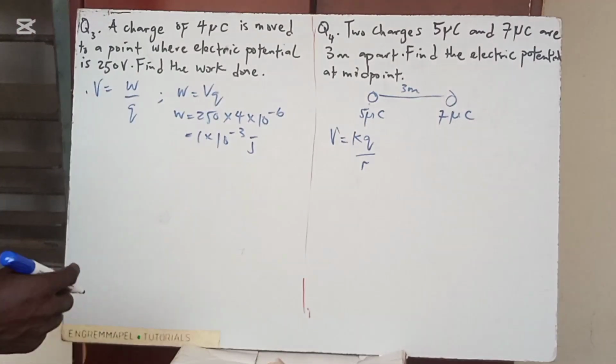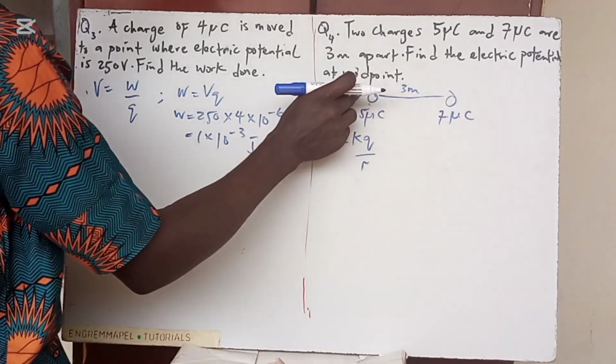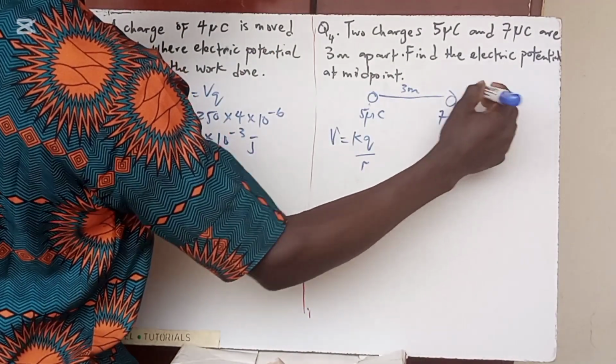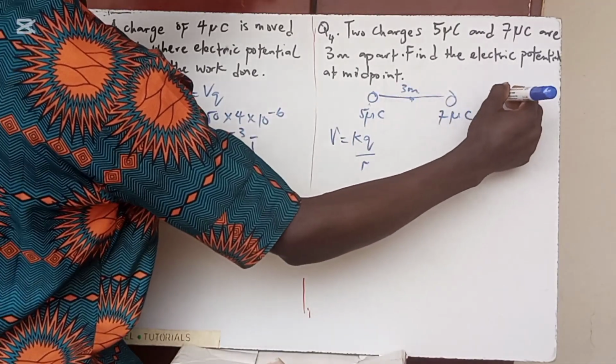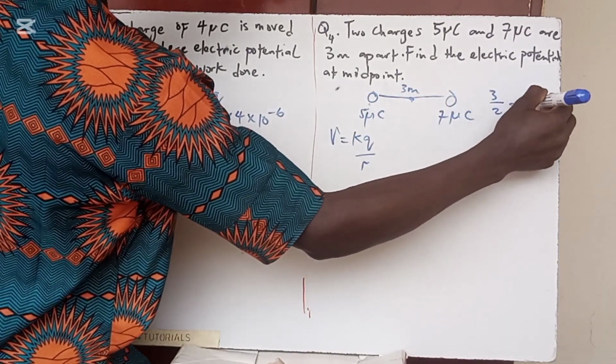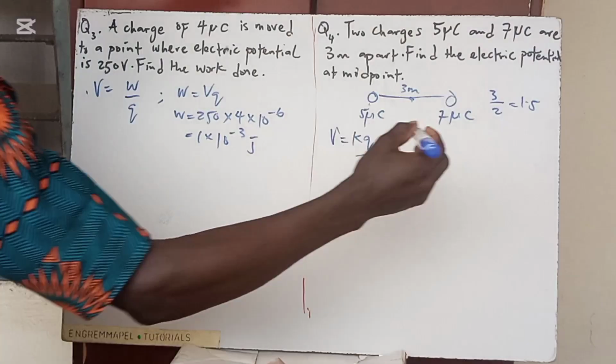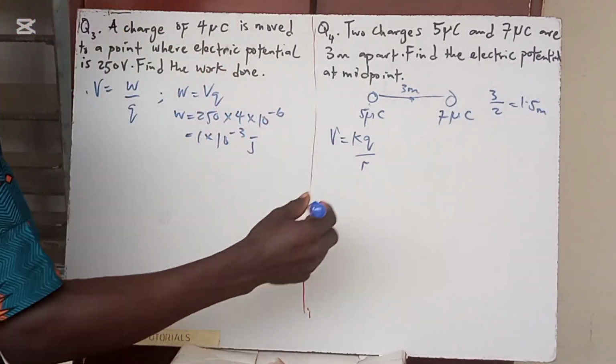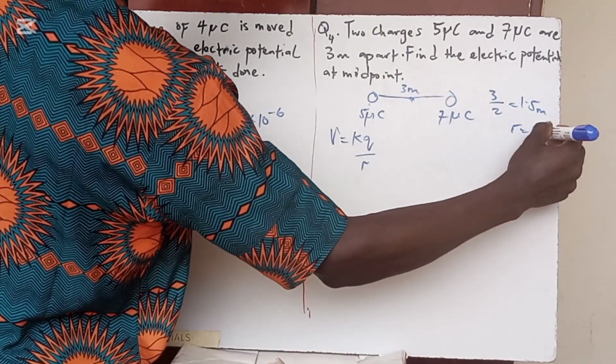Now they said at midpoint. So that means at the center here, and that's going to be 3 over 2, which is 1.5. So the distance I'm going to be using is 1.5. That means our R is 1.5.